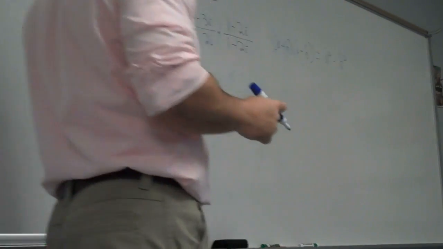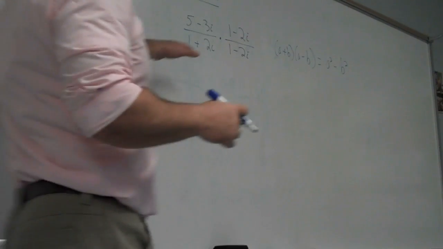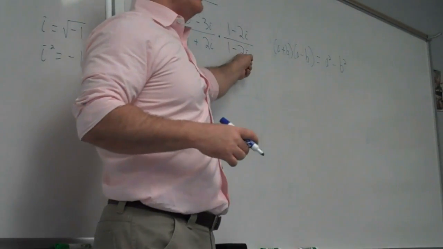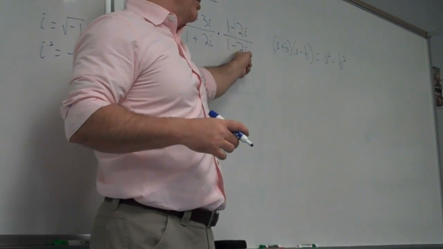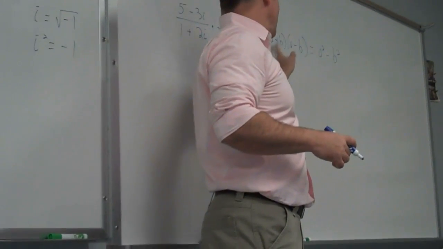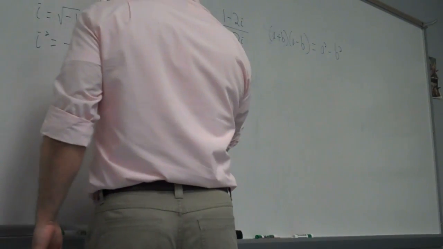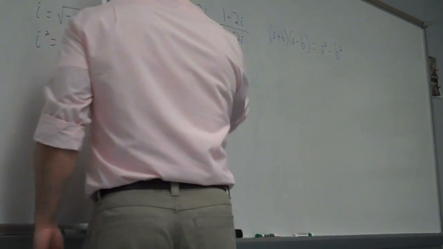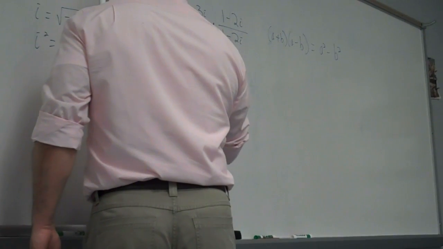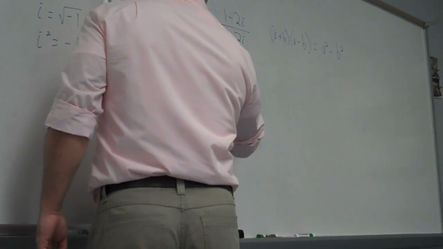Where did I get 1 minus 2i from? It's the denominator with the sign in the middle changed. Because according to this pattern, a plus b times a minus b equals a squared minus b squared, this is going to change my denominator into 1 squared minus 2i squared.